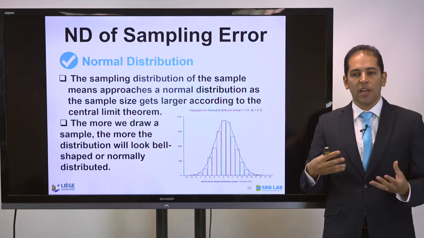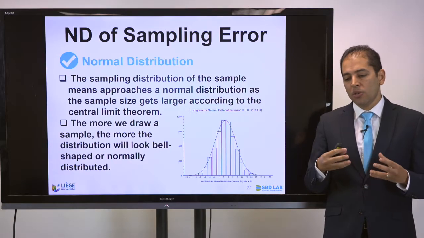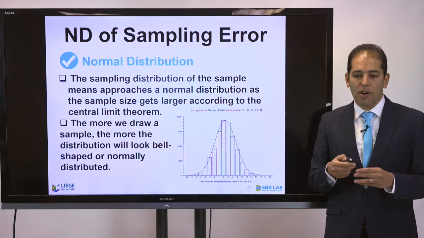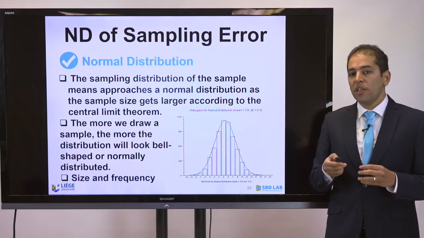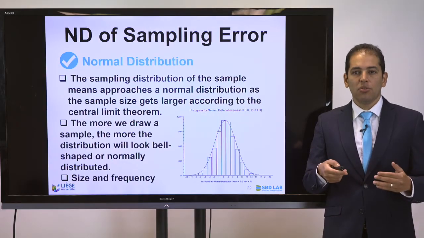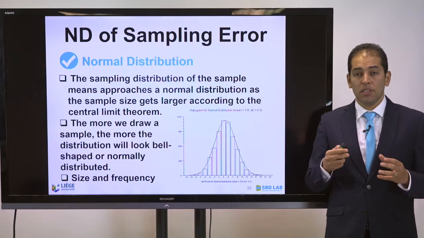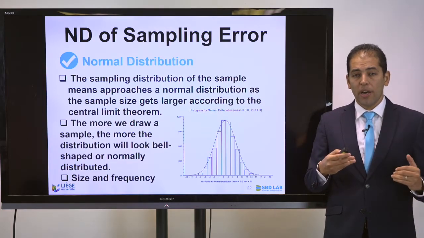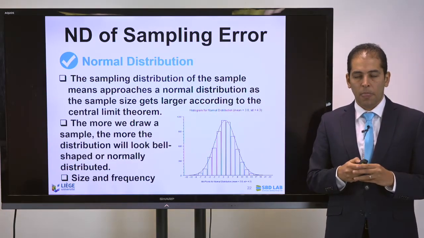From there we can improve our representation and reduce the error of our sampling. It's also very important to look at the size of our sample and the frequency, so that under the normal distribution condition of the central limit theorem, we have a higher representation with a low error and a large sample size.